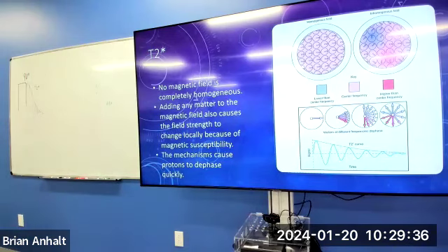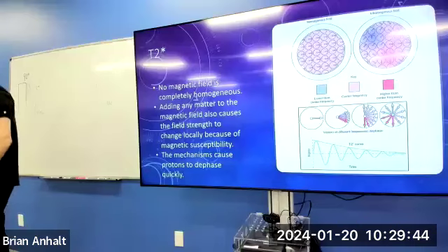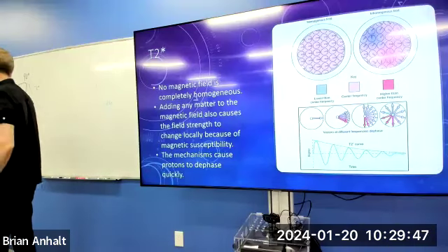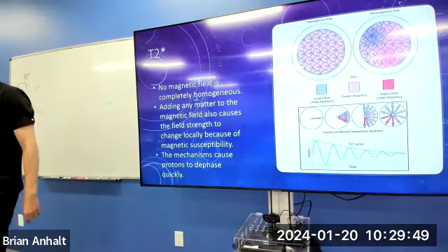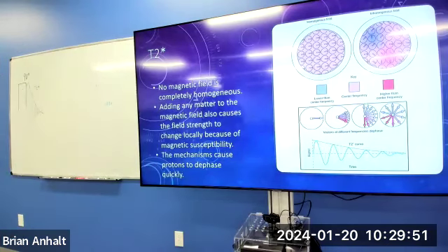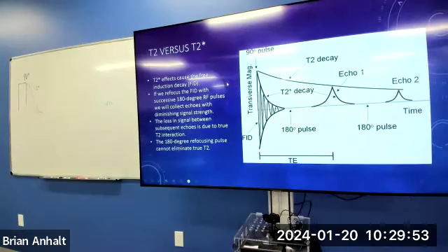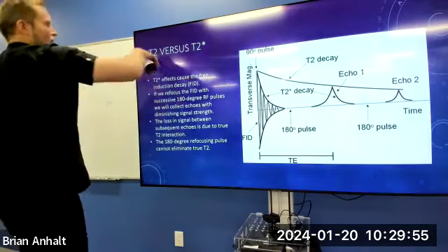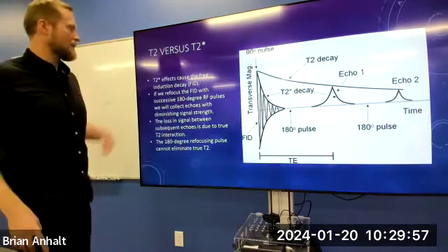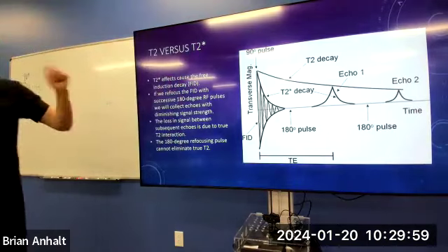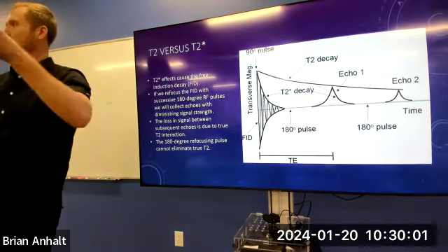Once again, why is it decaying so fast? There we go. Inhomogeneity and susceptibility are causing the protons to process at different frequencies. Rapid loss of transverse magnetization. We call that T2 star decay. T2 versus T2 star. T2 star effects cause the free induction decay. So you heard the FID, I think you read it in chapter 1.